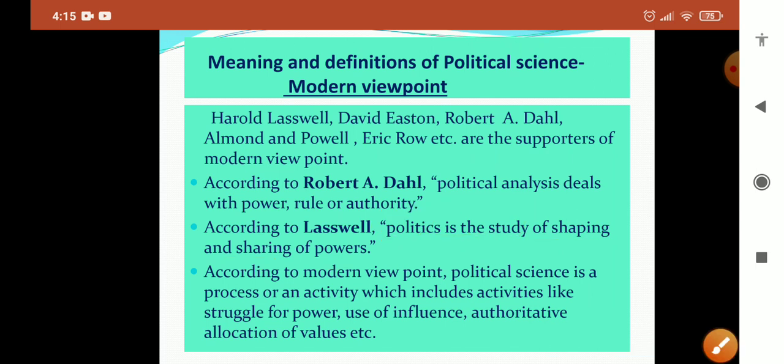So according to the modern viewpoint, political science is a process or an activity which includes activities like struggle for power, use of influence, authoritative allocation of the values. It means political science क्या include करता है? ये process है और activity है जो शामिल करता है struggle for power.